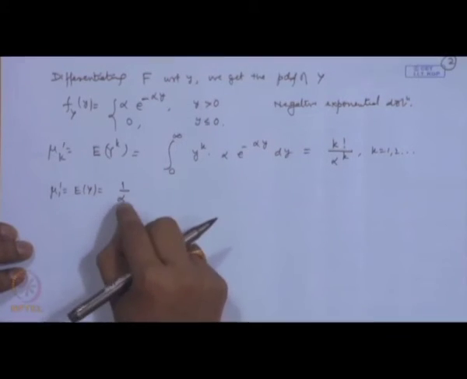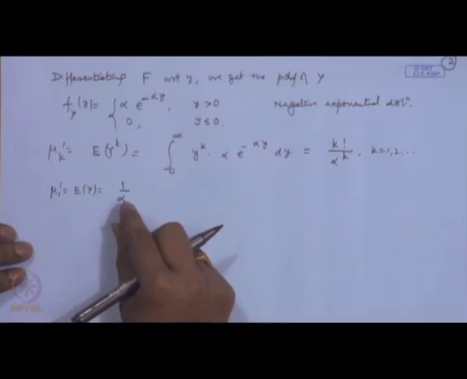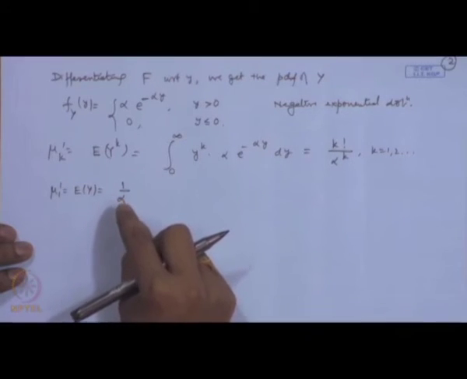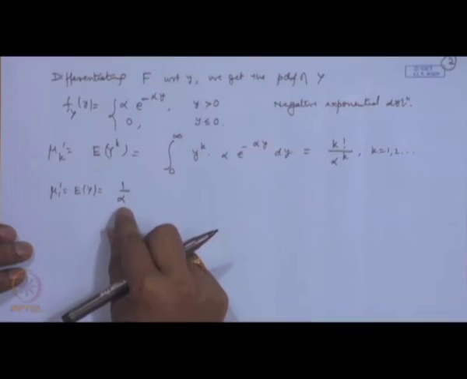Let us look at the physical interpretation of this. If the Poisson process has the arrival rate alpha, that is the rate of occurrence is alpha, then the waiting time for the first occurrence is 1 by alpha. So, it is something like saying that the rate is 1 in 3 minutes.